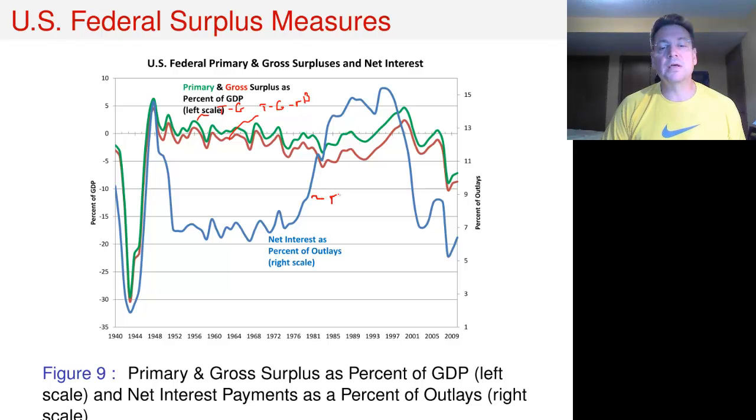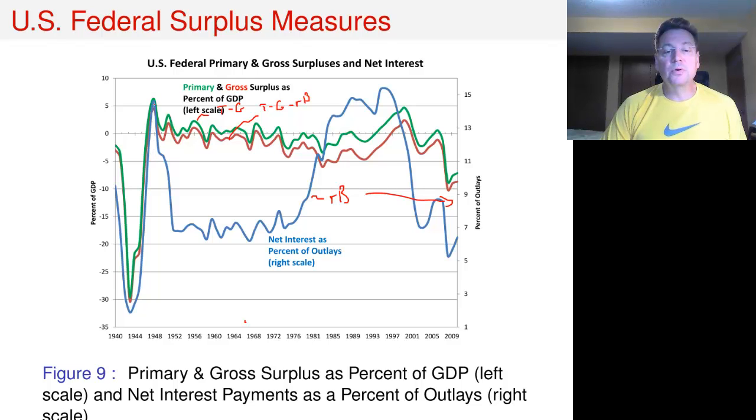And then the blue line is the debt service itself, and that is on the right axis. Surplus measures are as percentages of GDP, and the net interest, this RB, is a percentage of total outlays by the government. So what you can see is that World War II was when both the primary and the gross surplus were the largest. It was also a time when interest on the debt was extremely high.